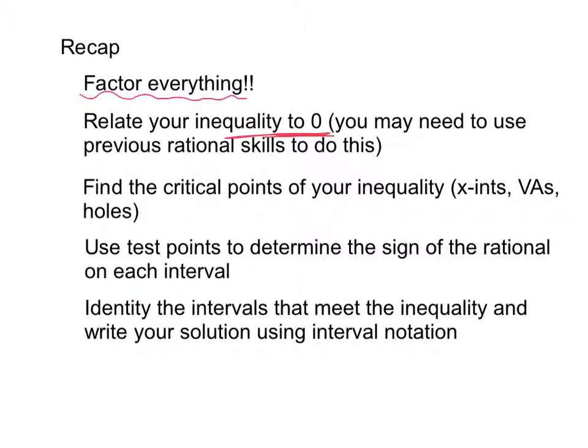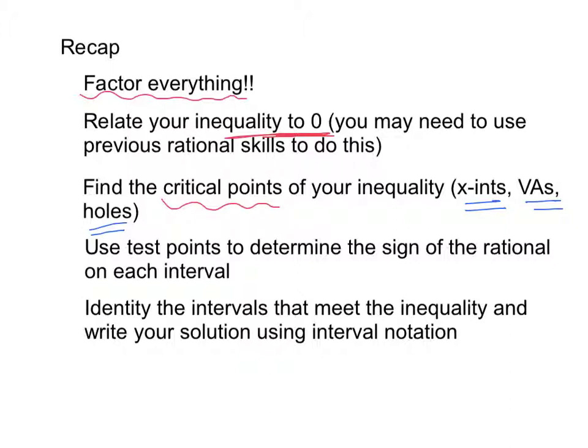After you have it all set up and in the good form and related to zero, you find your critical points. And remember, your critical points are x-intercepts, vertical asymptotes, and holes. Remember that x-intercepts are okay if it's an equals to inequality. The other two are never okay because the graph doesn't exist there.